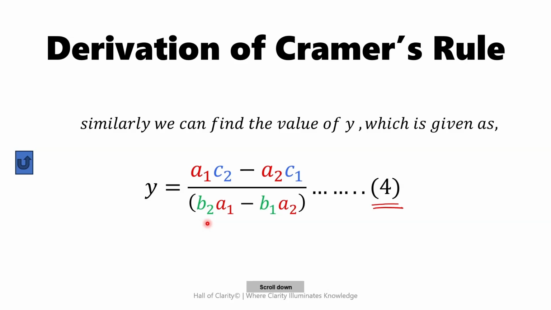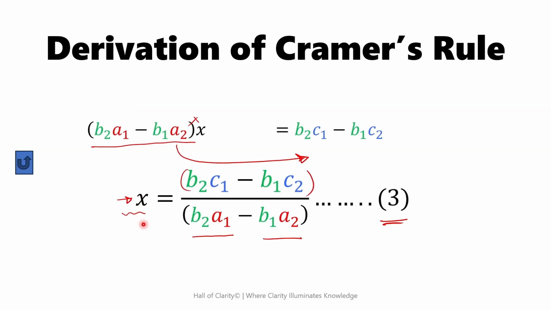Now, once I get the value of x and y, then our next focus will be how to write this in determinant form. So till here it was same as elimination method. Now we have to write these given values of x and y in form of determinants. Now how to write them? We will consider one by one. So first what we will consider? We will consider this numerator.